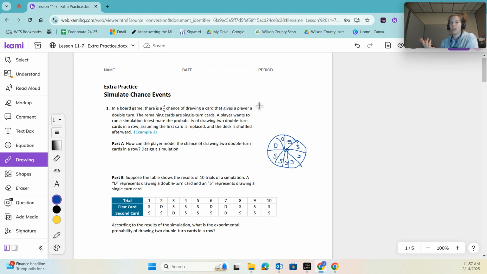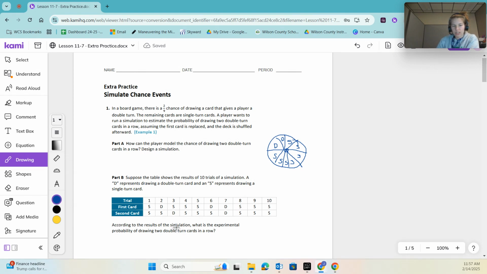But we know that when you actually start drawing cards, that may or may not be what happens. So the experimental probability might have a slightly different percent than our theoretical 2/9. Again, a D represents the double, S represents the single turn.